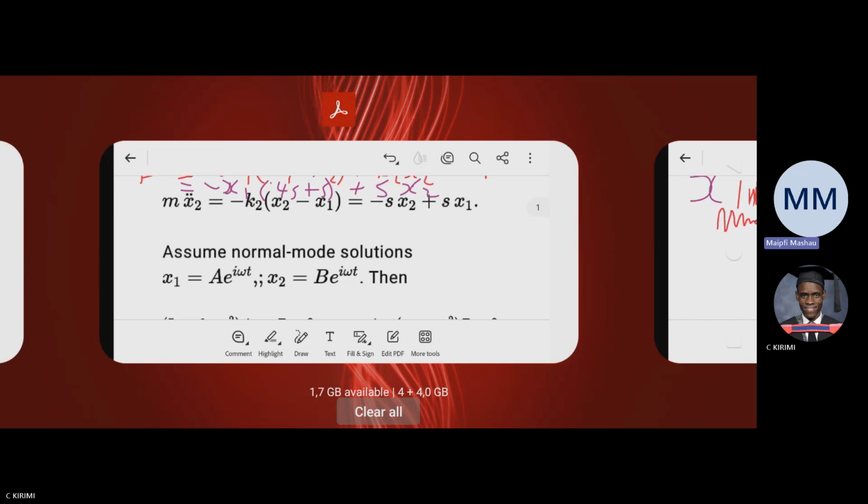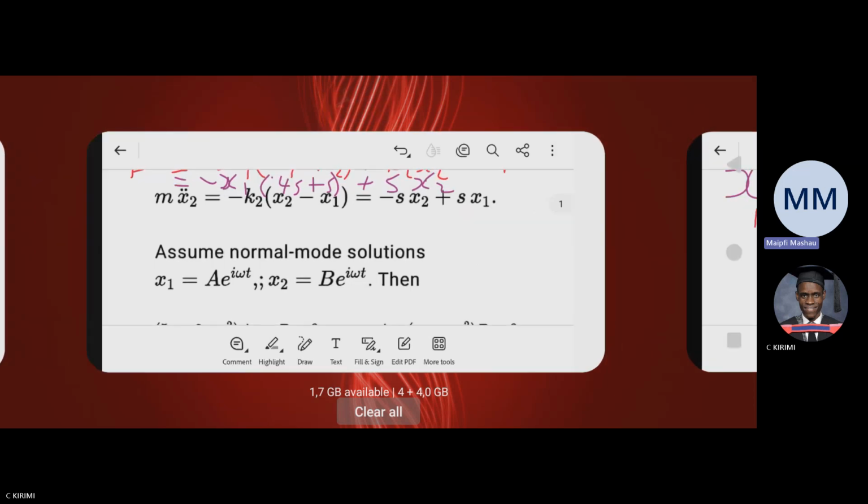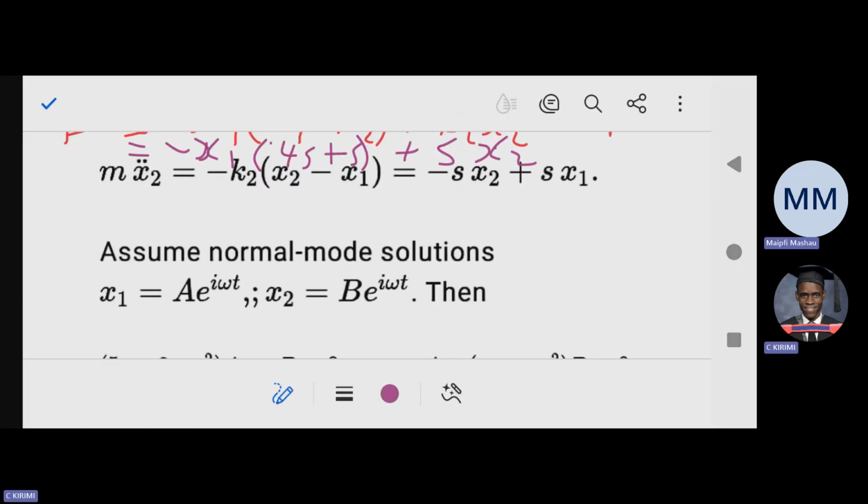Can you see? So the displacement on the second one is x1. This K2 is representing the m block. Then x1, the displacement going upwards.